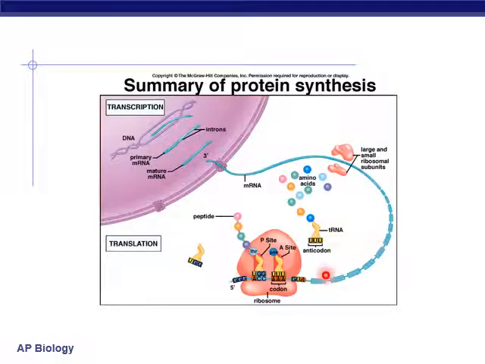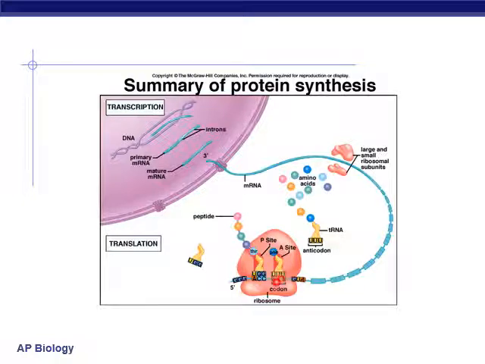Then the ribosome moves along the messenger RNA and reads the adjacent codon, and another tRNA is activated to pick up the specific type of amino acid from the cytoplasm and come into the A site on the ribosome.